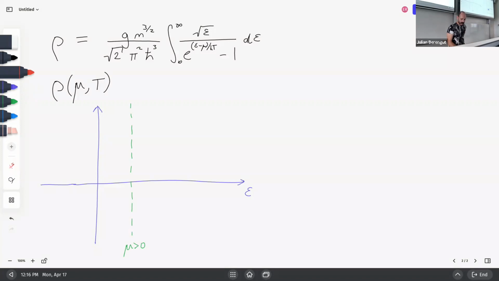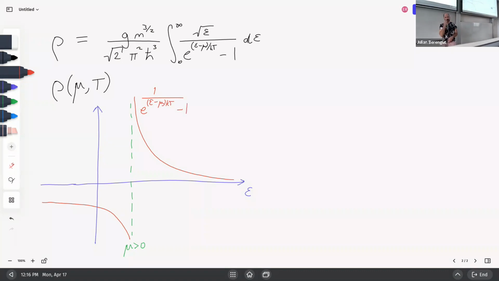I'm going to get rid of the square root, and let me just draw it like this. This is that with mu greater than 0. There's clearly a problem with mu greater than 0.